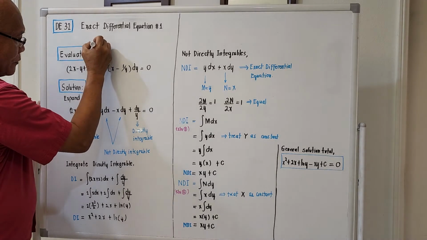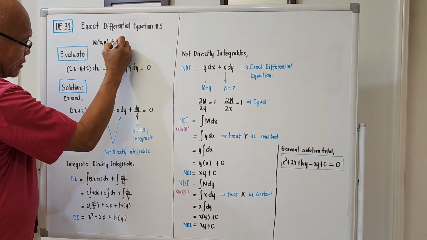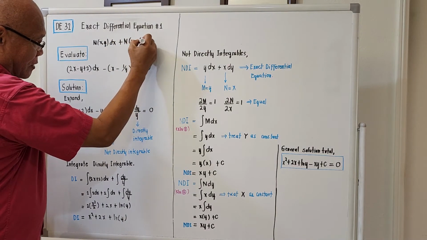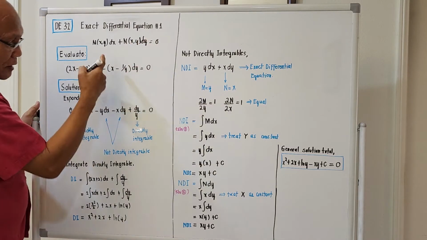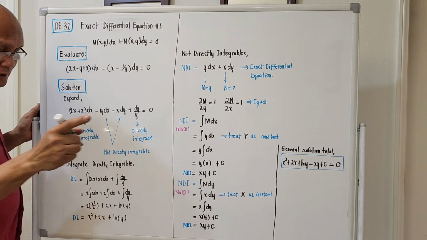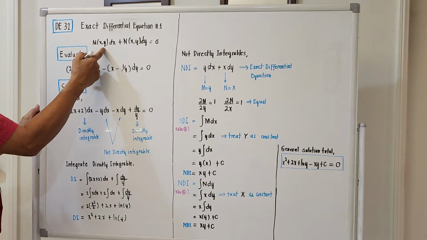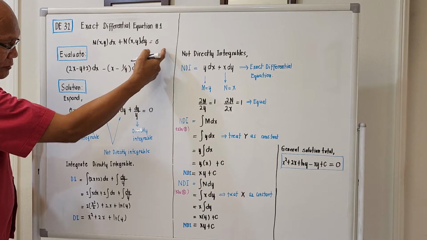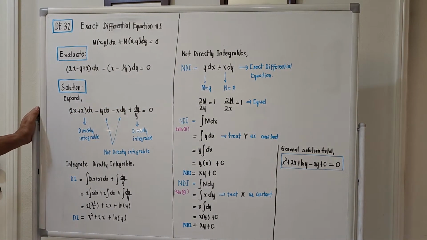It is of the form M as a function of x and y times dx plus N as a function of x and y times dy equal to 0. This was the form of the exact differential equation under the concepts that I gave you the last time around. Okay, let's proceed with the solution.